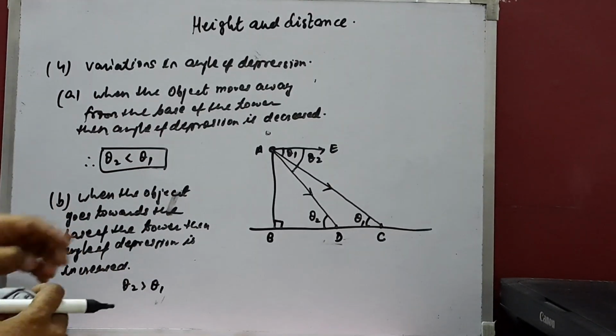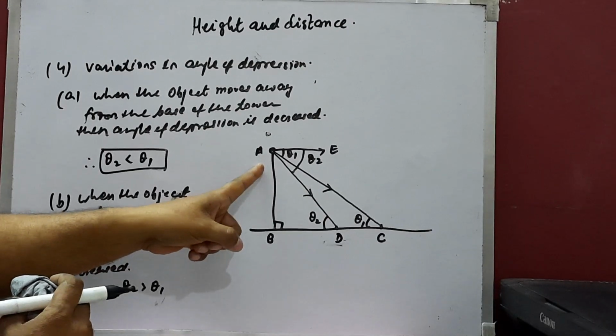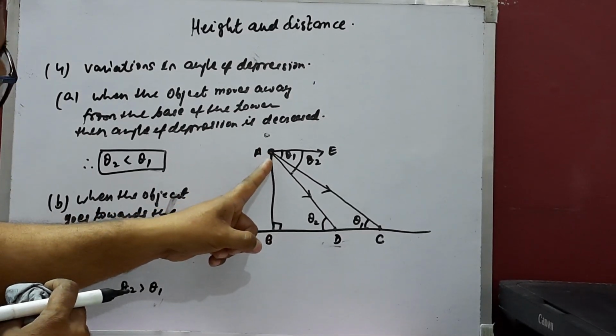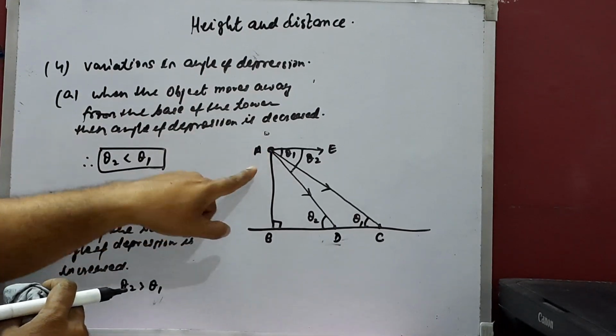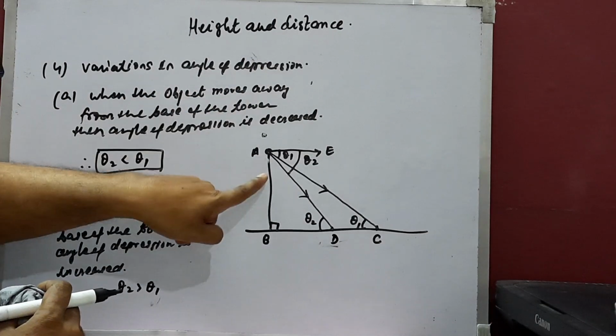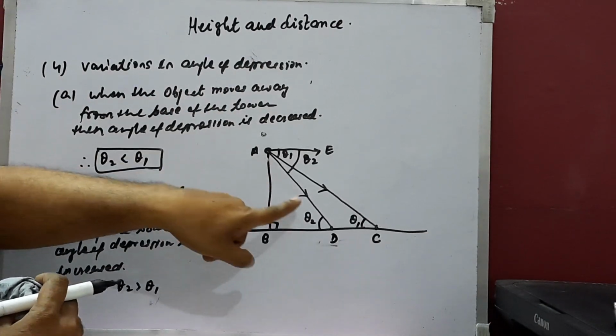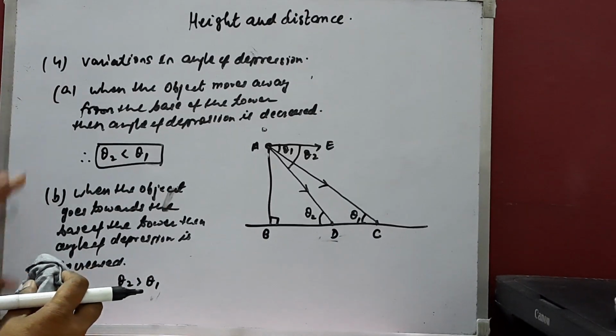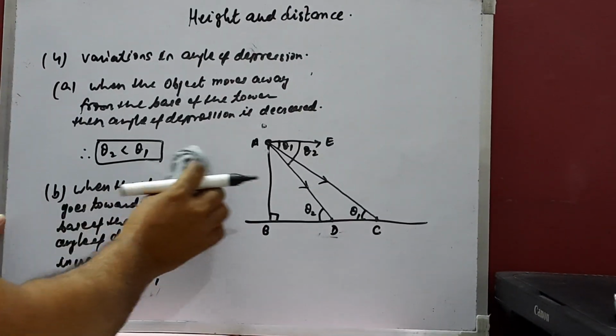Okay. Now we will discuss what will happen when the position of observer is changed. It means from here the observer is going up or going down. Then what will happen about the angle of depression? Okay, now I am describing these two conditions here.